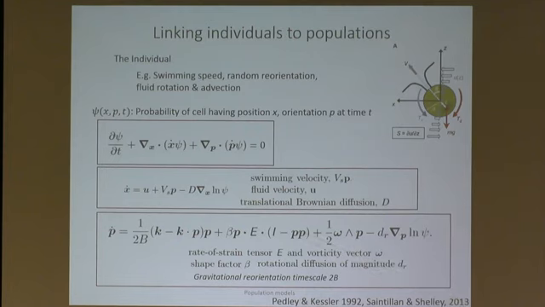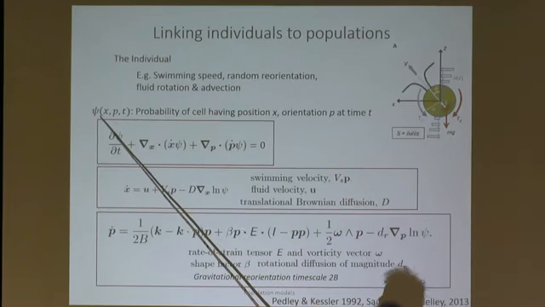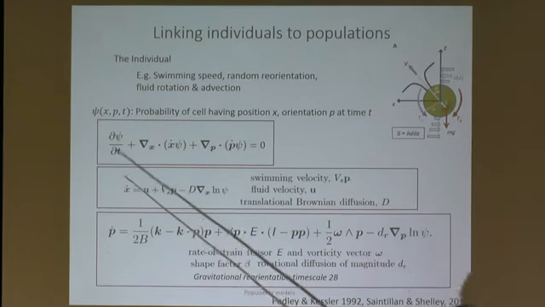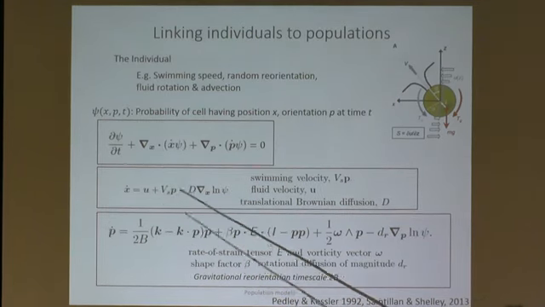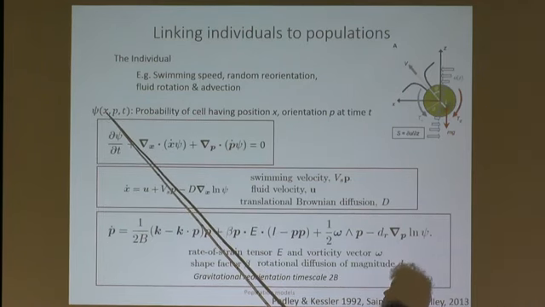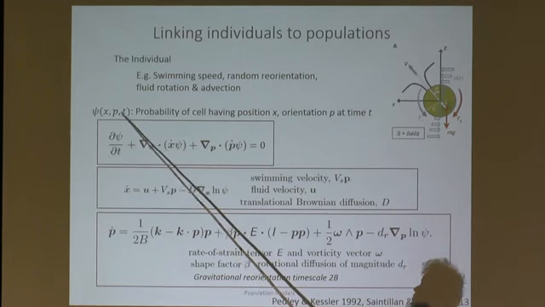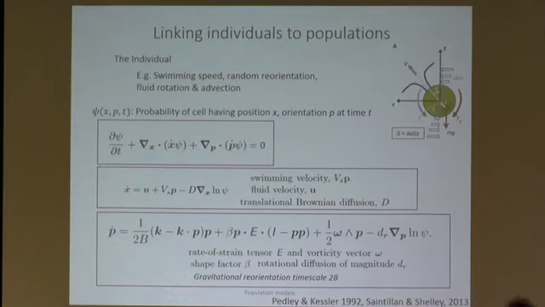So let me describe the basic equation that I'll be working with for most of the talk. What I will be keeping track of is the probability or the density, mathematically I'm happy to switch between the two, of a cell having a certain position at a certain time, but also keeping track of what its orientation is, its swimming direction.